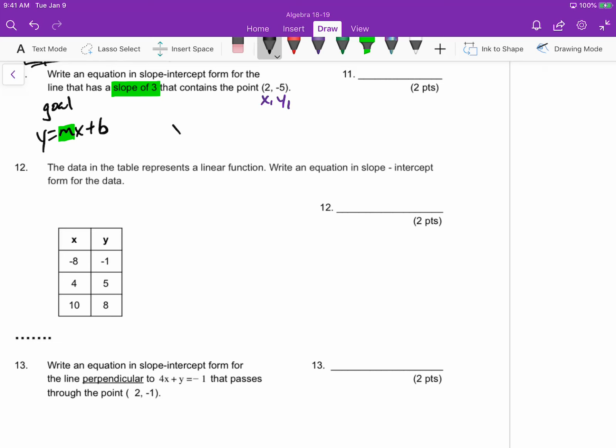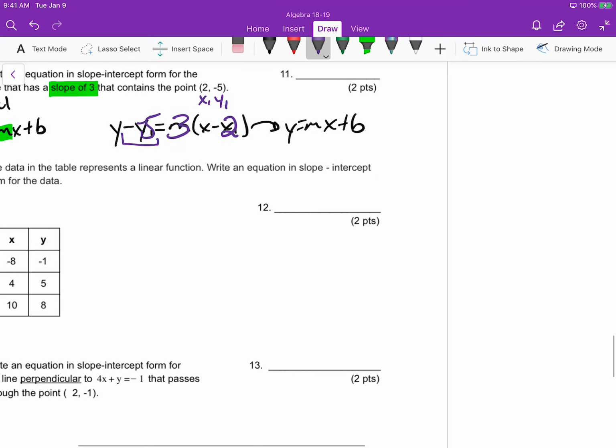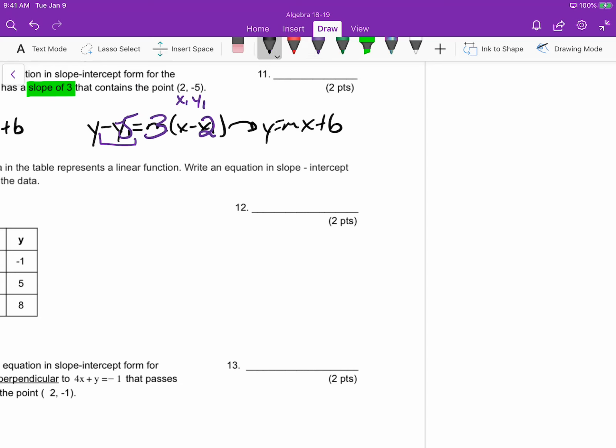You can only take what they give you. So I'm going to take this form and change it into y equals mx plus b. Okay, so I know the slope is 3, so that's going to go there. I know I have x1, y1, that goes there, and then negative 5 goes there. And I'm going to have one of those minus and negative, so let me just rewrite it cleaner out here.